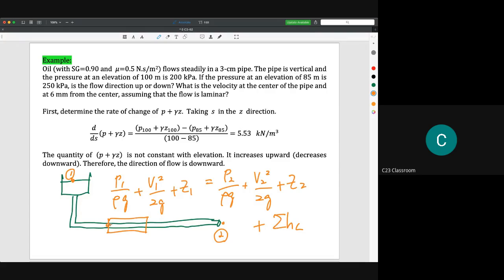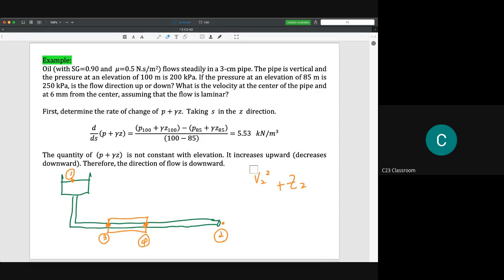For example, we have this as point number 3 and this as point number 4. If we want to write the Bernoulli equation for 3 and 4, we write P3 over rho g plus V3 square.